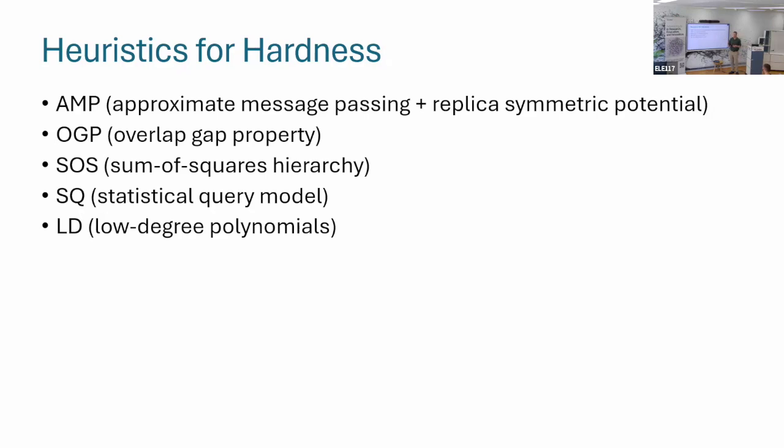The sum of squares hierarchy is a complicated hierarchy of very, very large convex programming problems. The statistical query model is a restricted form of algorithms that only get to ask certain questions about the data rather than seeing all the individual samples. And then low-degree polynomials is one that I'll talk about a lot today.